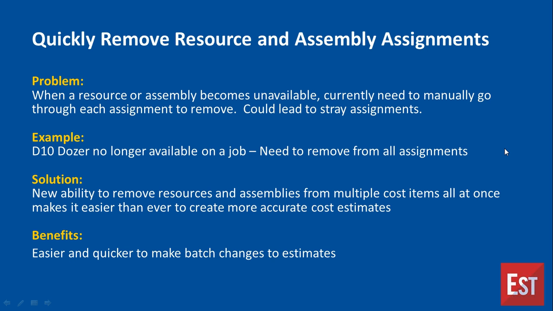That can lead to stray assignments, which doesn't help with your schedule or with your estimate accuracy. So with this new feature, it is much easier to automatically review and then remove assignments as the available resources change within your estimates. So Dave, I'll turn it over to you.